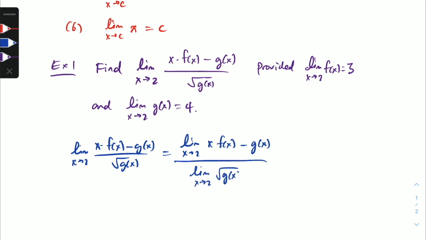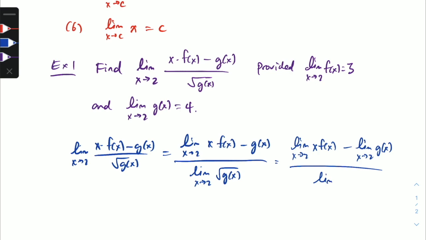And then we can start going through other properties. So we have a limit of a difference here. So this is going to be a difference of the limits. This takes a little bit of work to write out, but we'll do the work so you can see why it's true.